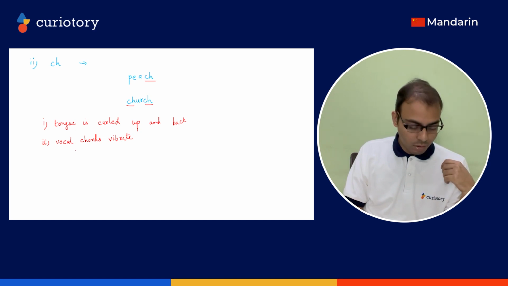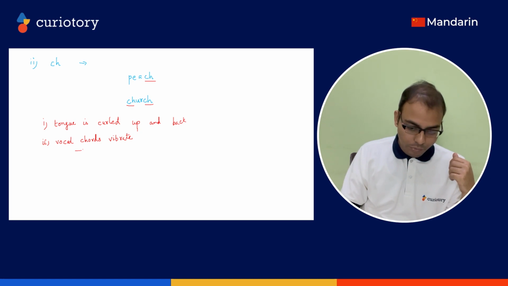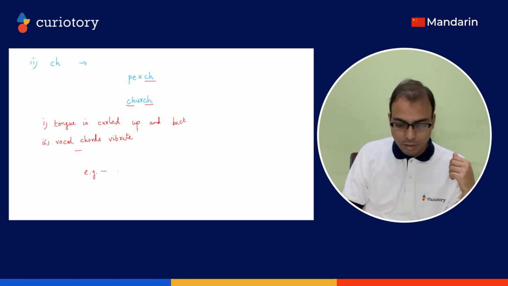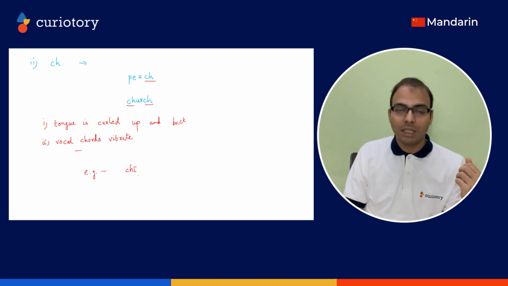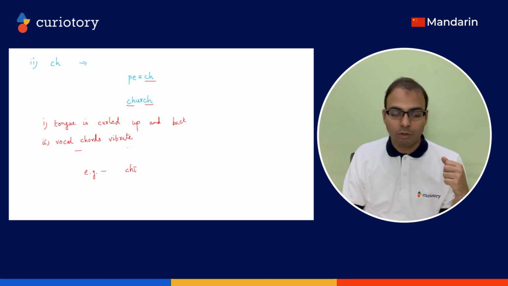Let's take an example to make it more clear. CHI. How is it pronounced? CH is just like the CH in peach or church, and the two rules are that the tongue is curled up and back and the vocal cords should vibrate.